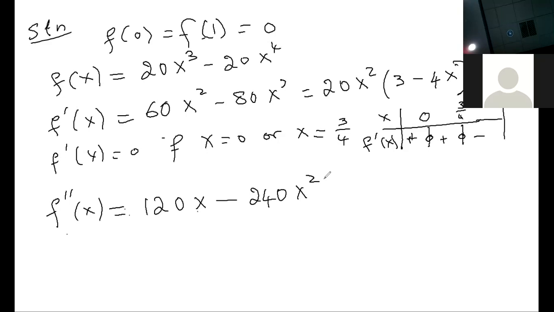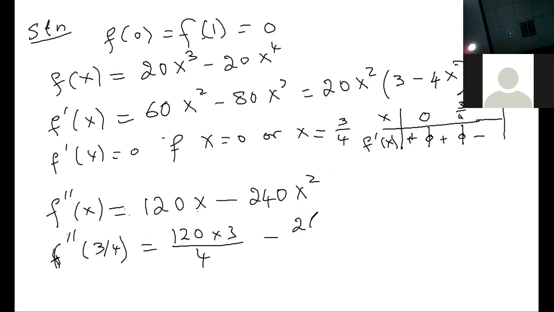So the possible point is 3/4. What is the second derivative at 3/4? 120 times 3/4 minus 240 times 9/16.